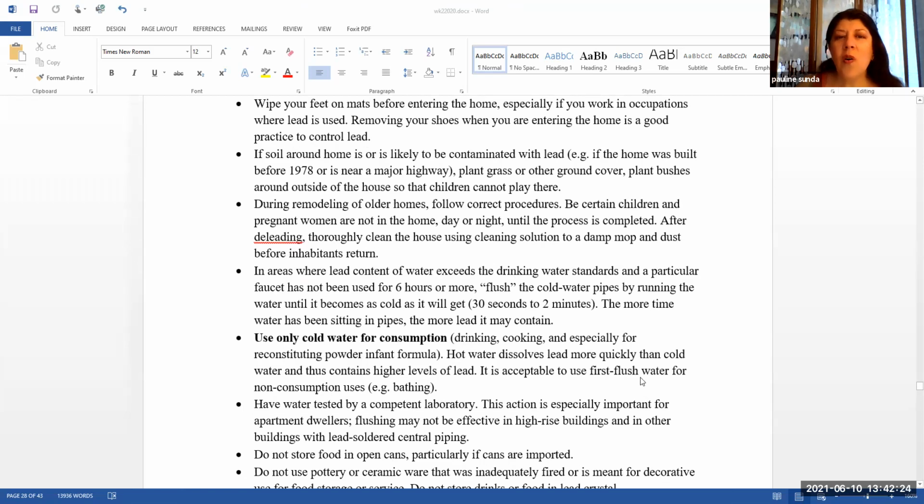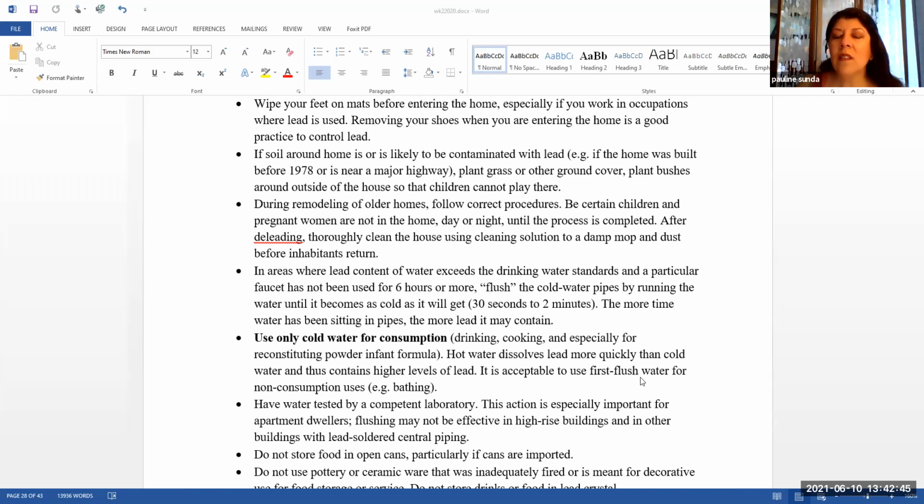If the soil around the home is likely to be contaminated with lead, such as if you are by a major highway or the house was built before 1978, these are examples of homes where the soil might have lead in it. You want to make sure that the children don't play in those areas.